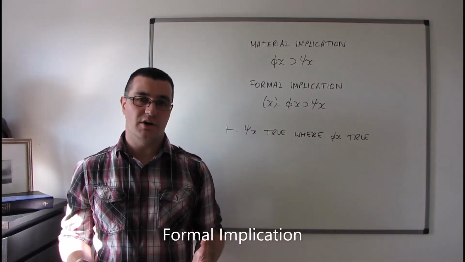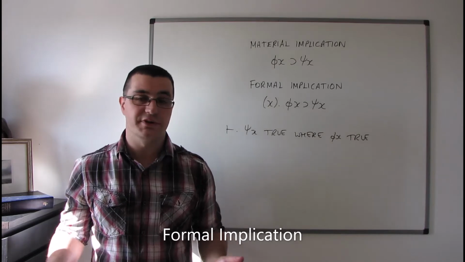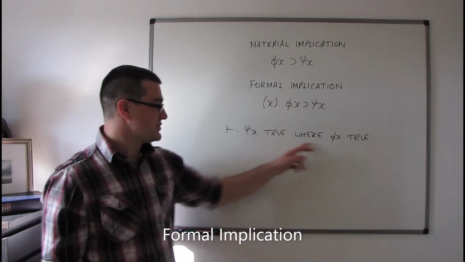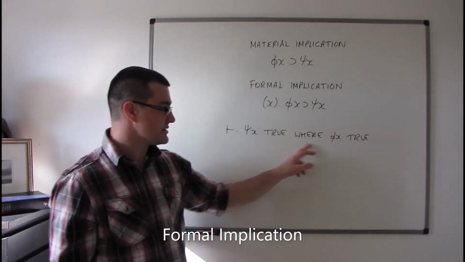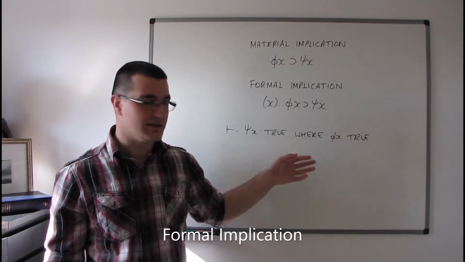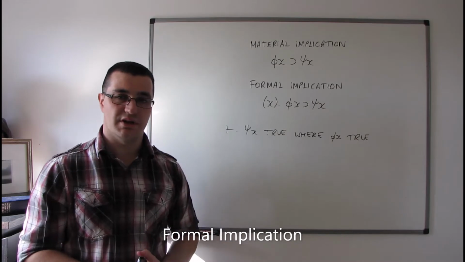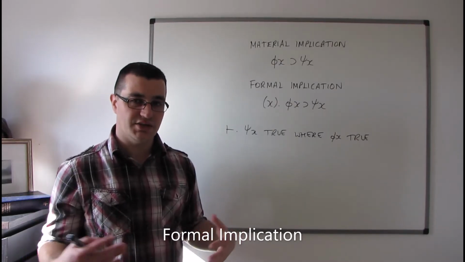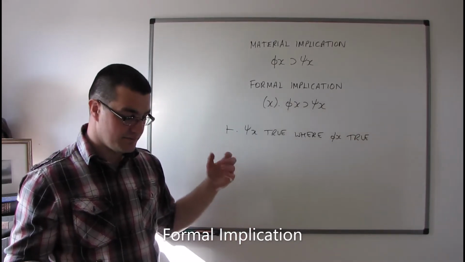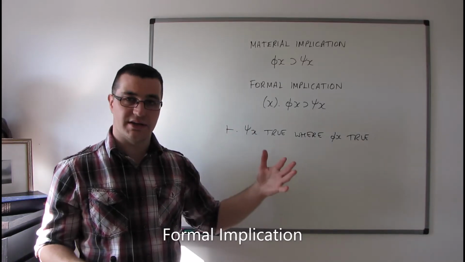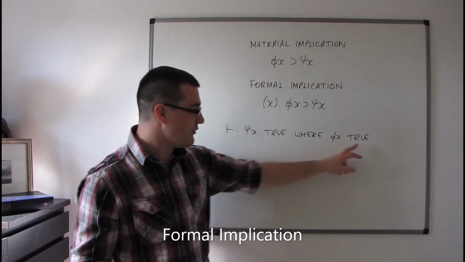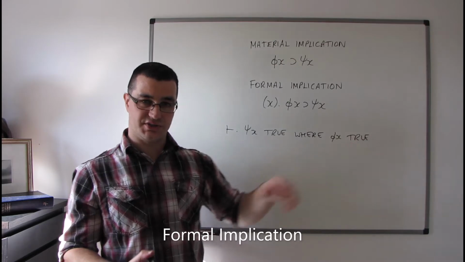So it seems then that formal implication is an appropriate substitute for propositions such as this, where we've got these restrictions here that initially seem difficult to reduce to a purely symbolic form. Now, we're not saying that the formal implication is an exact symbolic representation of this proposition.